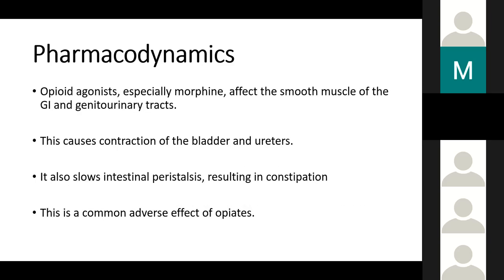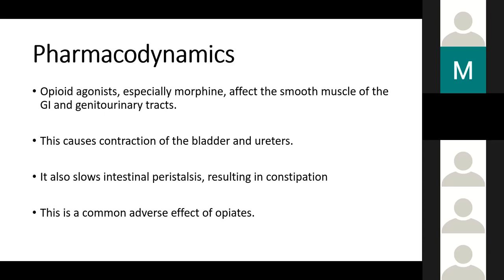So what usually happens is that the opioid agonist would act on the smooth muscle of the GI and genitourinary tracts. So when they act on the genitourinary tract, they cause contraction of the bladder and the ureters.